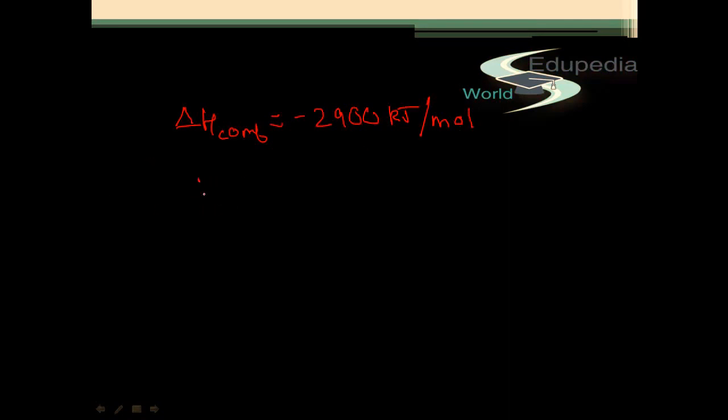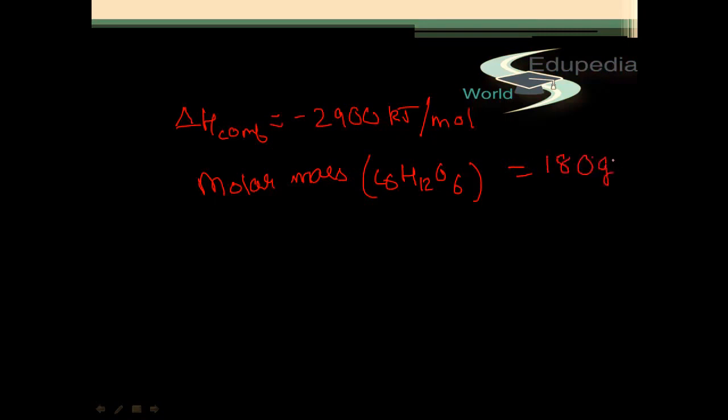So we all know that the molar mass for glucose, C6H12O6, happens to be how much? You know that it's 180 gram. You can easily calculate it. It's a very simple thing to do.